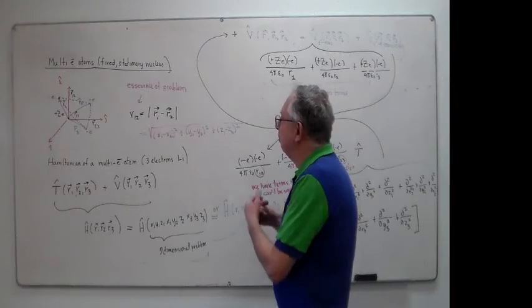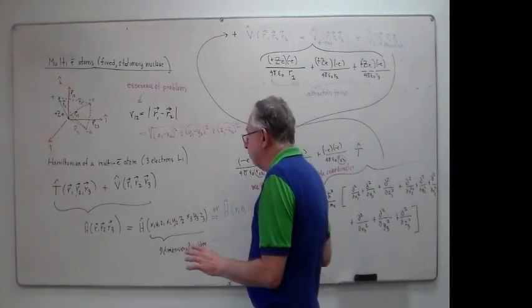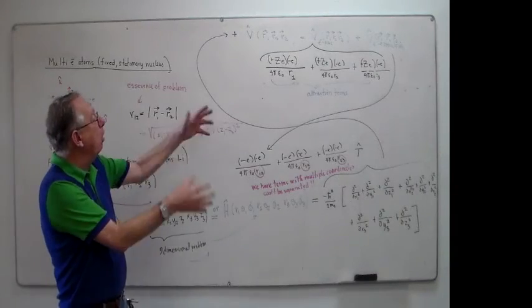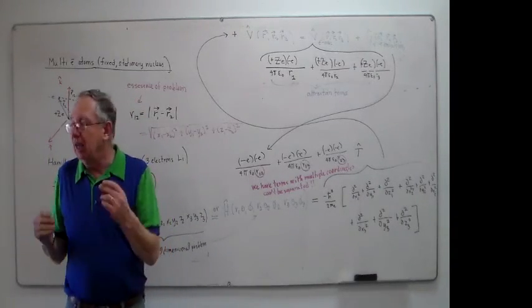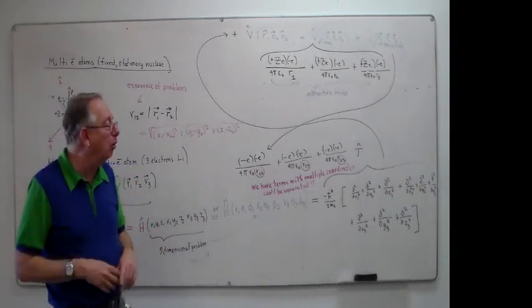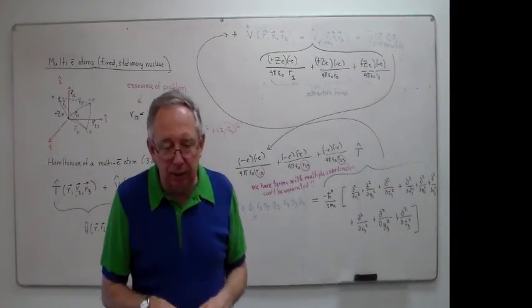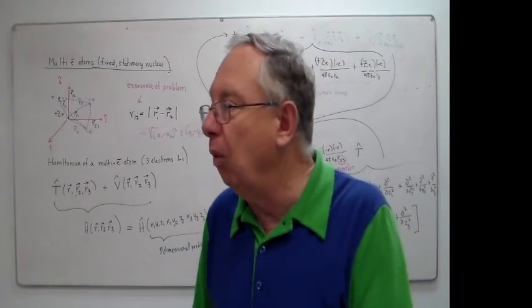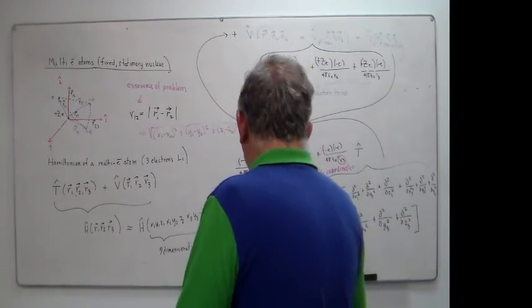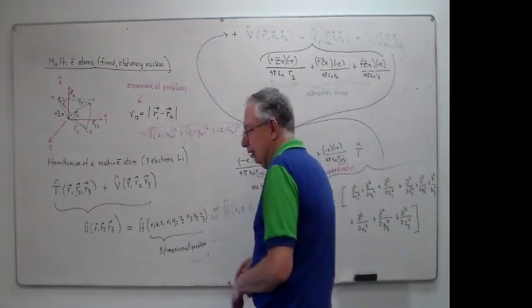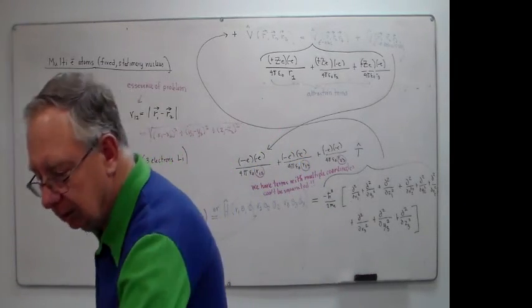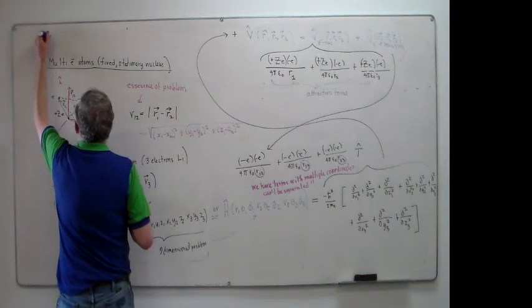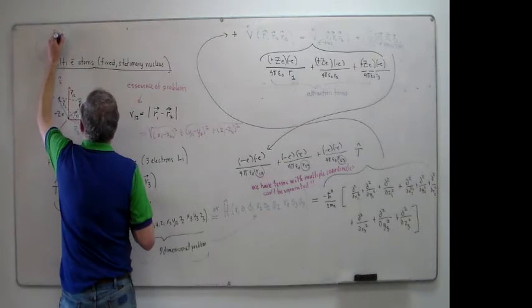Okay, so multi-electron problems, we go from things we can solve to things we have no idea what to do with in one fell swoop, as soon as we get 2 or more electrons. Okay, so what do we do? We approximate.